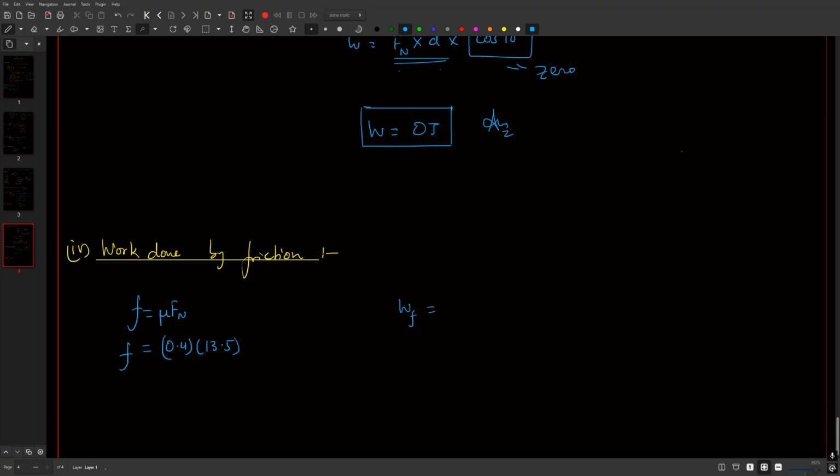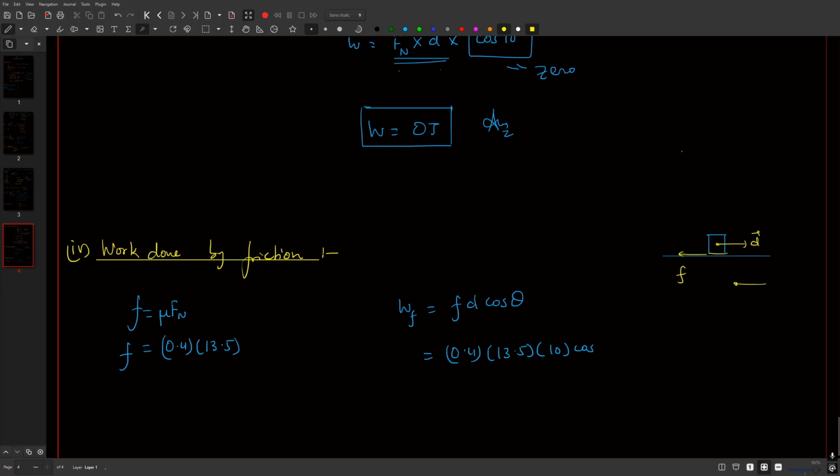And work done is force times d times cosine theta. So 0.4 times 13.5, displacement is 10, and cosine theta, the theta remains the same because displacement is acting in this direction, whereas friction is acting in this direction. So displacement and friction have an angle of 180 degrees between them.